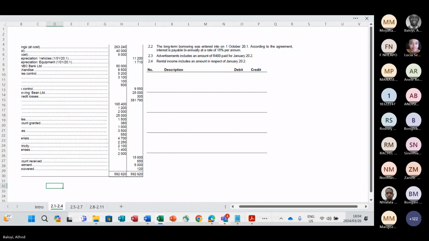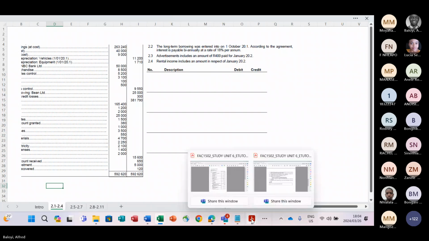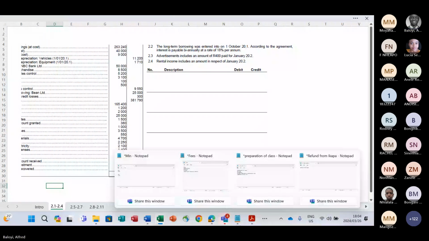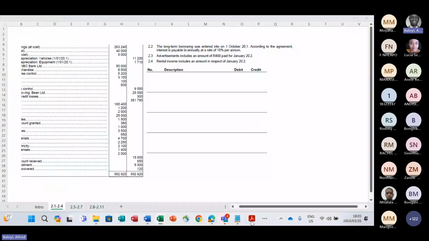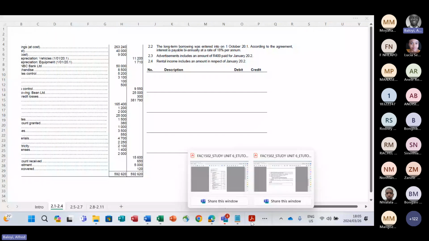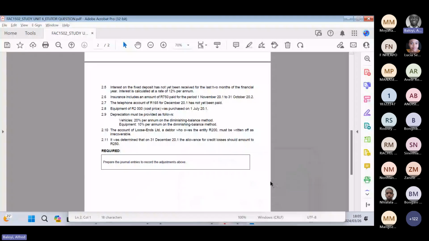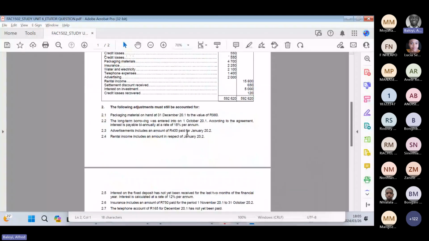Okay. So here's the original question on the PDF. So we can do it through Excel like this one, where it's a bit small, but you can see all the transactions.